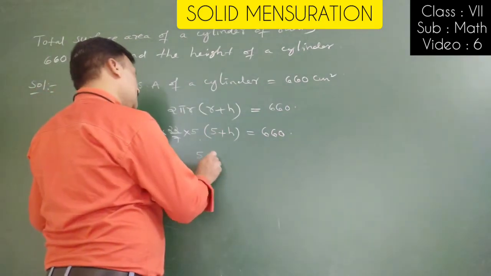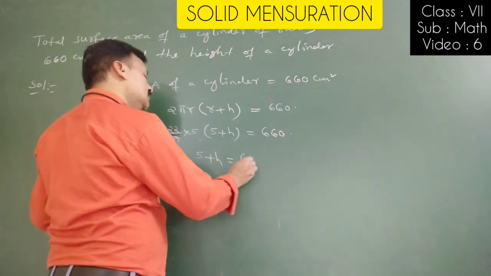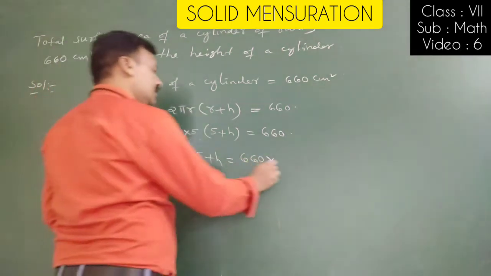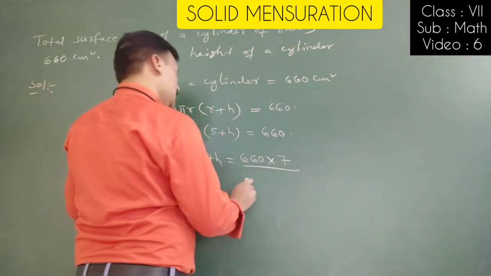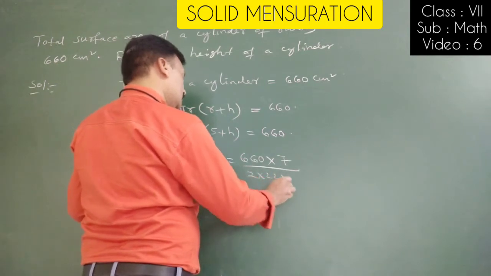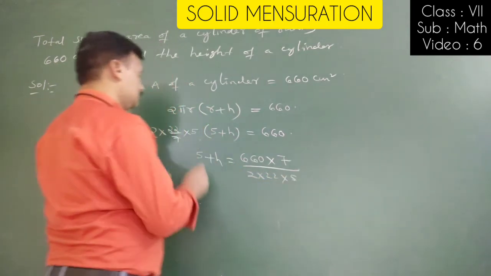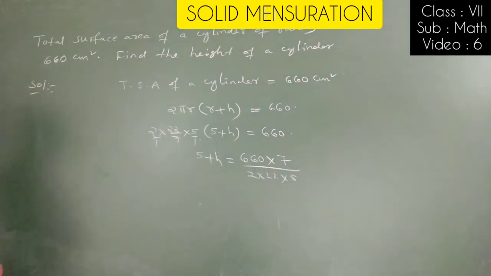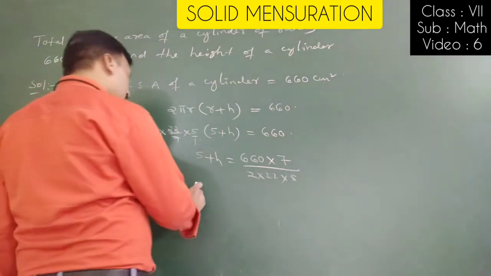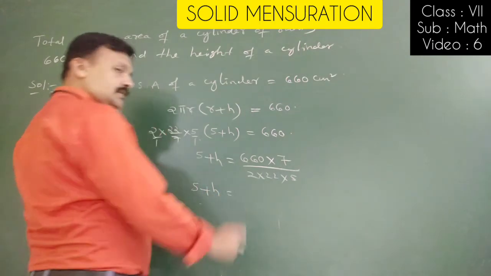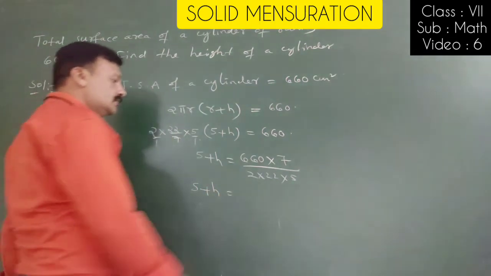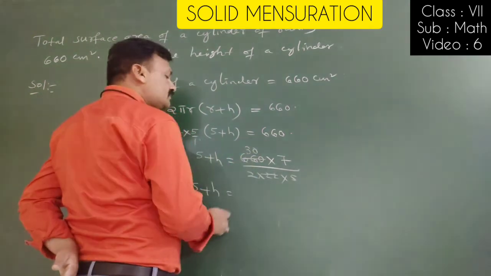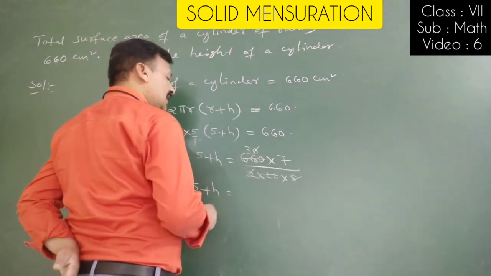Now 5 plus h equal to 660 into 7 divided by 2 into 22 into 5, because 5 is 5 by 1, 2 is 2 by 1. Now 22 times 30, 2 into 5 is 10, zero cancels.